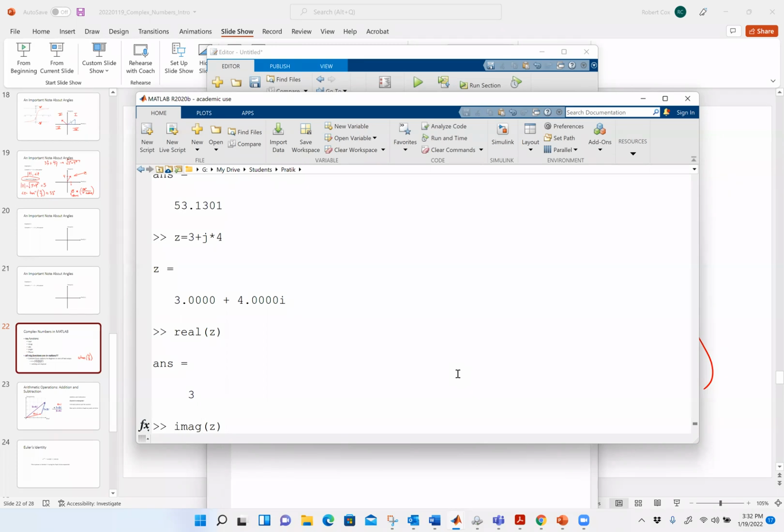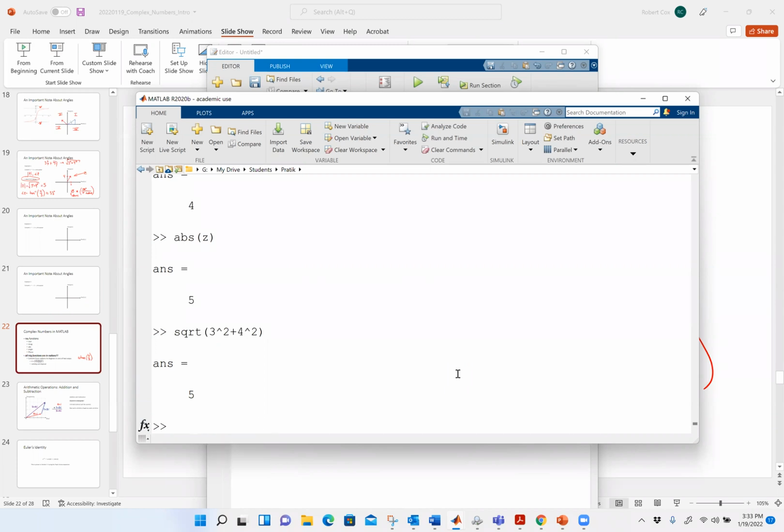Just 4, not 4 times j. Just that coefficient. If I type abs, what do you think that's going to give me? The magnitude, the absolute value of it. It's 5. That's the same thing as if I did the square root of 3 squared plus 4 squared.